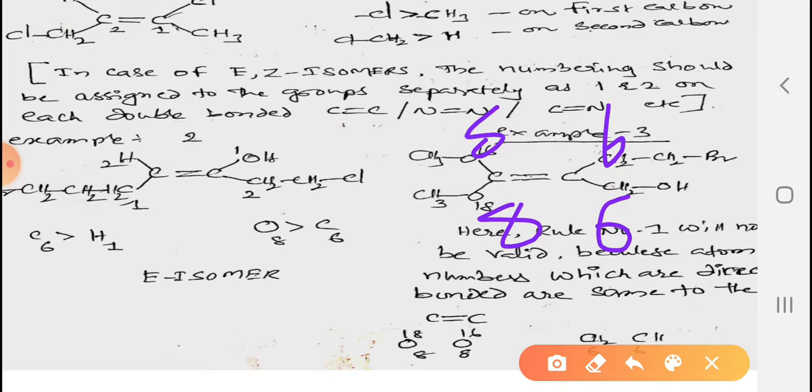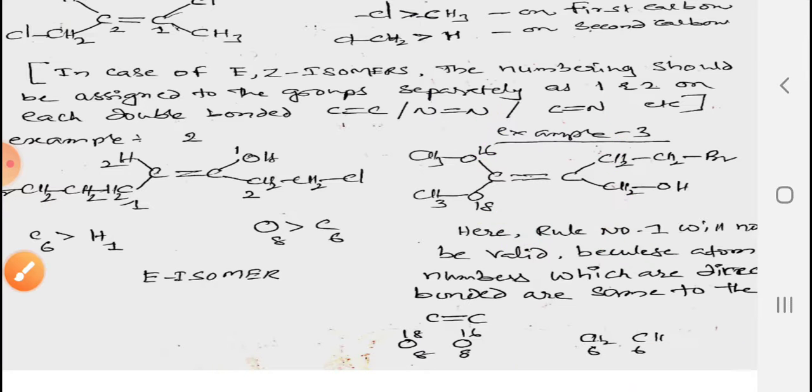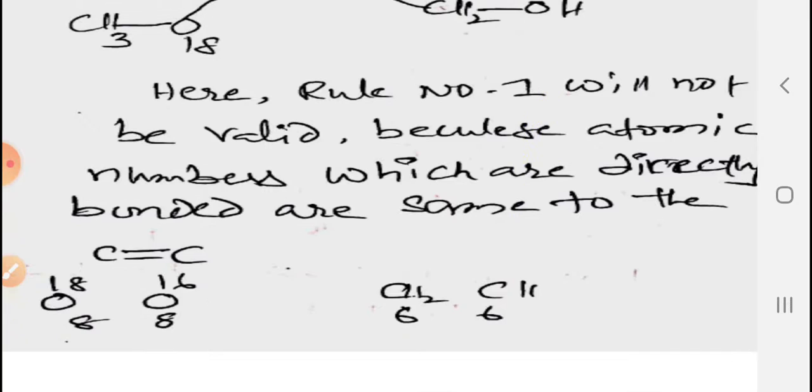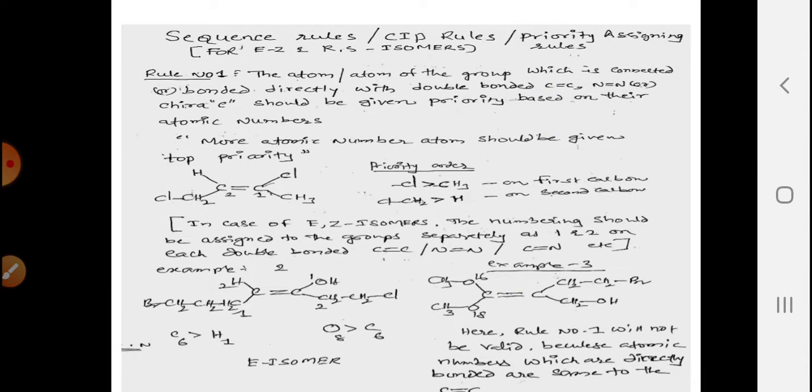Then the problem: how to identify priority 1? The atomic number is not deciding, both are the same. This is the problem. In such a case, rule number 1 will not be valid, because the atomic numbers of the directly bonded atoms on the double bond are the same. Then how do we assign E and Z in this case?